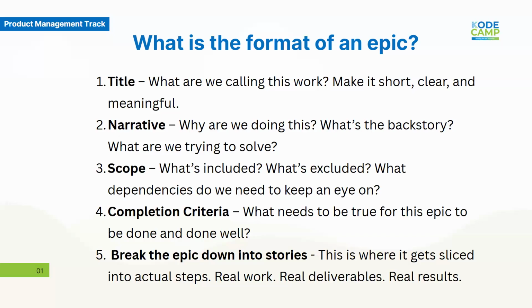This is where narrative comes in. Now, for example, you might say that over the past quarter, we've noticed a high drop-off rate on the sign-up page. Now, this epic aims to simplify and build the authentication process to reduce friction and improve conversion. Now, that tells people exactly what this epic is targeting, right? That gives them the why.